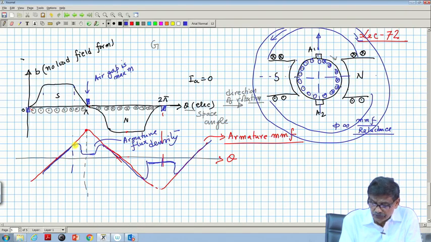It will be proportional to armature MMF during this zone where the air gap is fairly constant, then it will decrease smoothly, following some curve. We do not bother about equations, but it will have some minimum flux and then it will continue like this. Similarly, in the other half it will do like this.